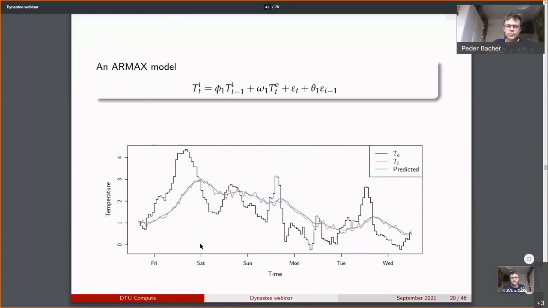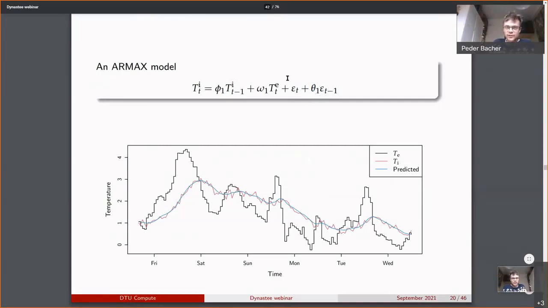And so we can add that. Basically it means that we add what we call a transfer function of the residual. So the model also includes a lagged value of a term formed by the lagged value of the residual. So the last residual we had also enters the model.